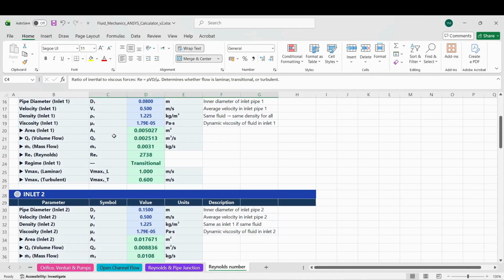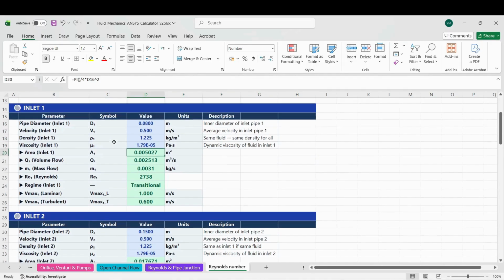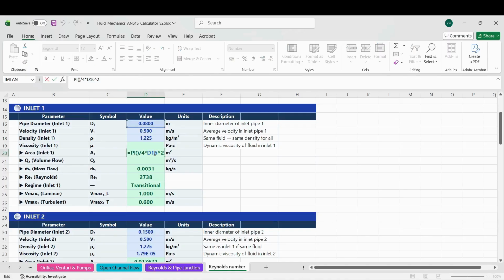The area is calculated as pi over 4 multiplied by the diameter squared. Q1, the volume flow, is velocity multiplied by the area. Mass flow is density multiplied by the volume flow.